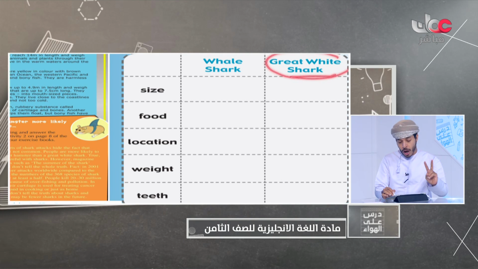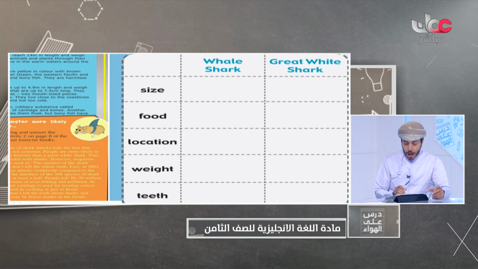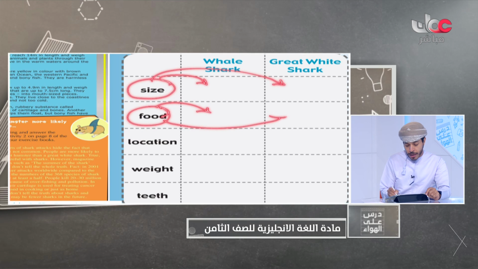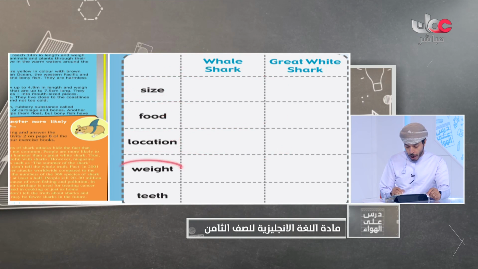We are going to find out the size of each of these two sharks, also the food that they eat, also the location, where each one of them lives, and also the weight.